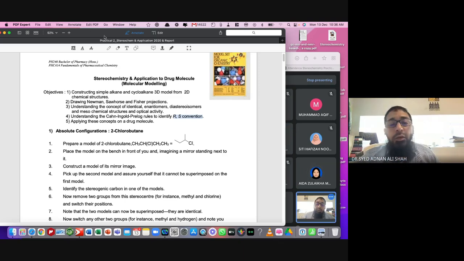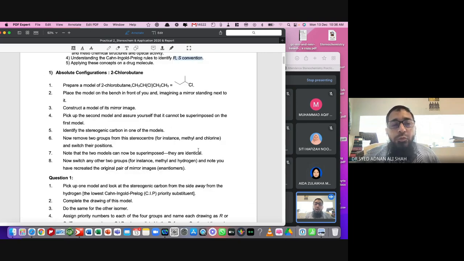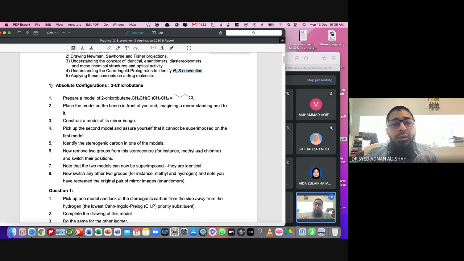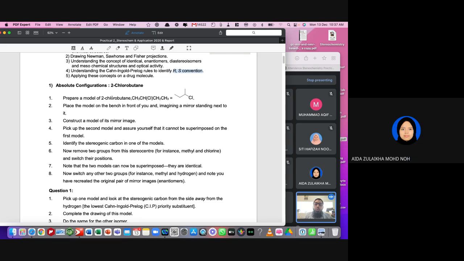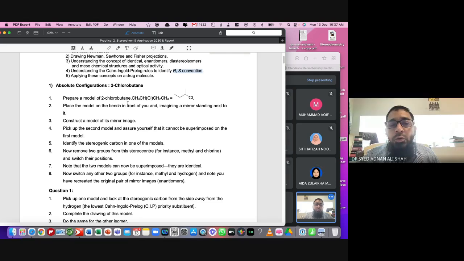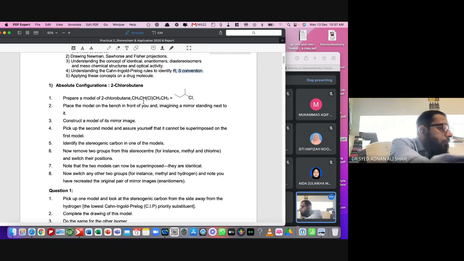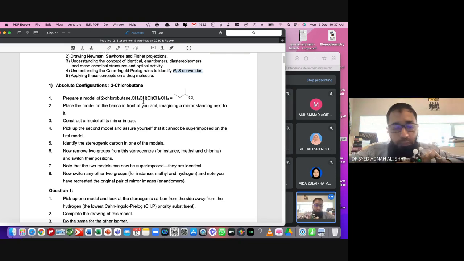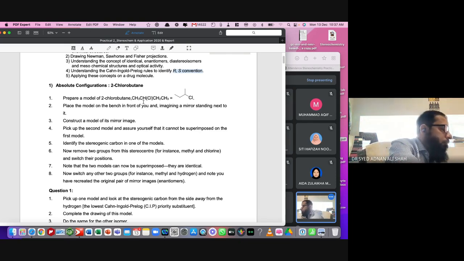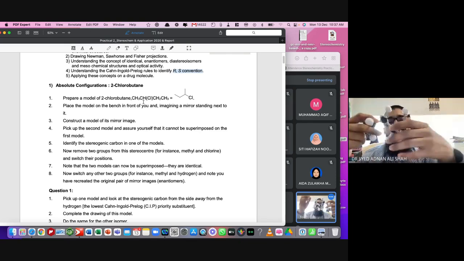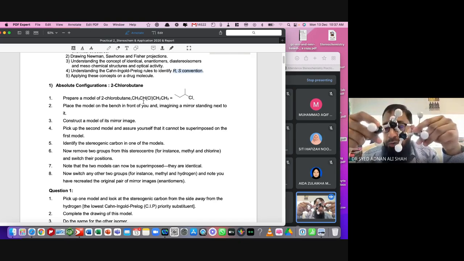Okay. Right. So this is how you have to apply the concept here. The first model is 2-chlorobutane, right? I have shown you this cyclo.